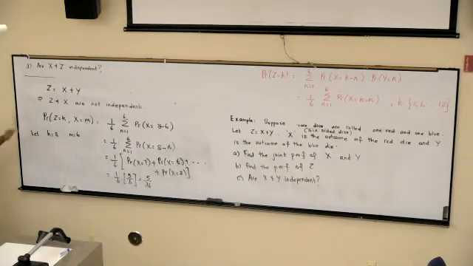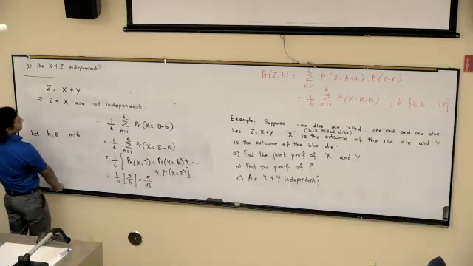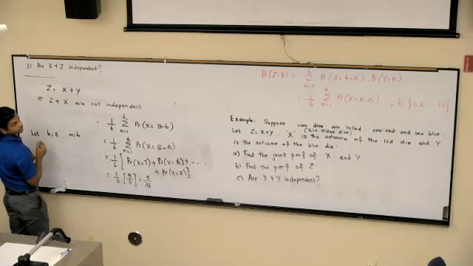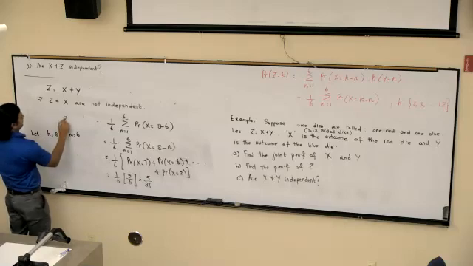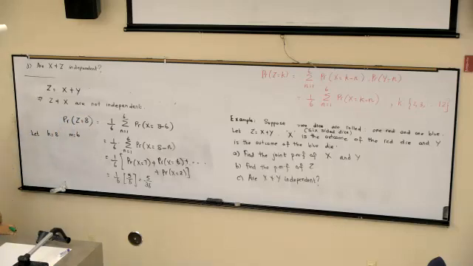Let's see if the individual thing works. So we have that's the probability that Z equals K and X equals M. But you use probability of Z equals K. I just wrote it.